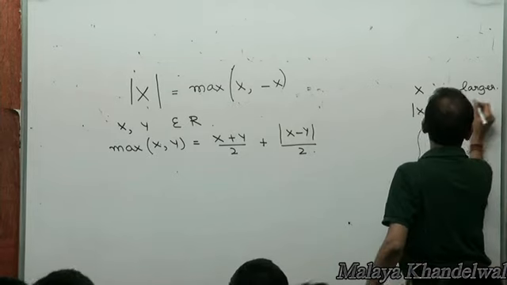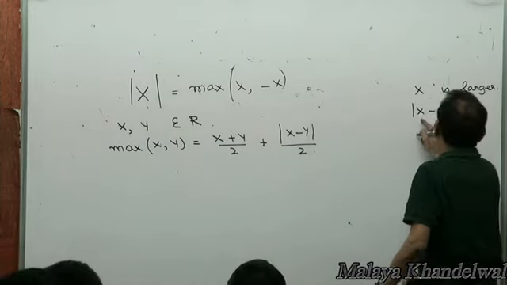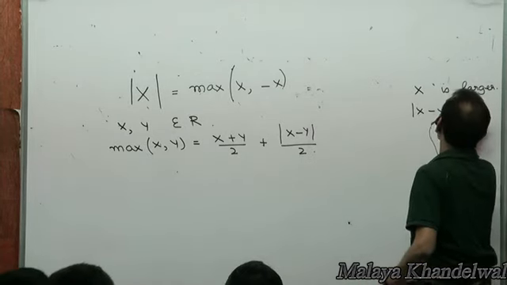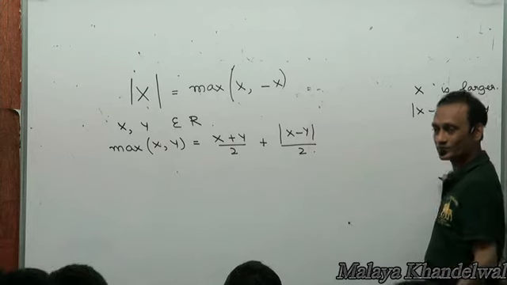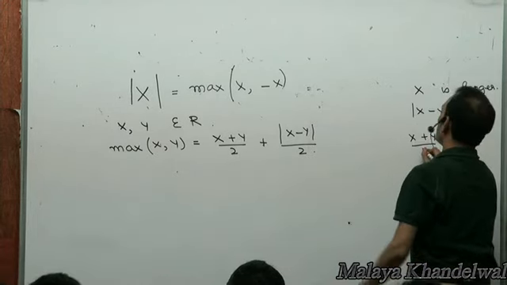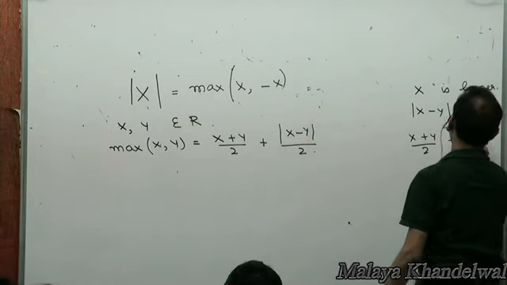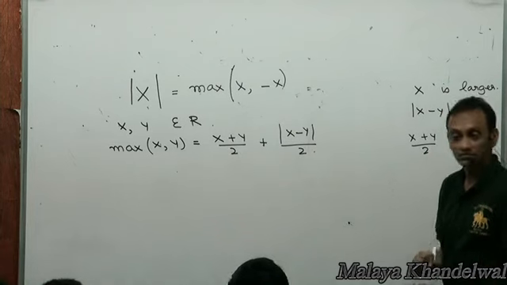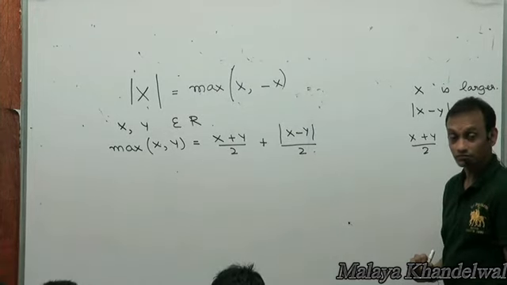So if x is bigger than y, then mod of x minus y cannot be y minus x. It has to be x minus y. Yes or no? And then this number becomes x plus y by 2. The output of this operation is x minus y by 2 added, if x is larger, giving me x. Yes or no?